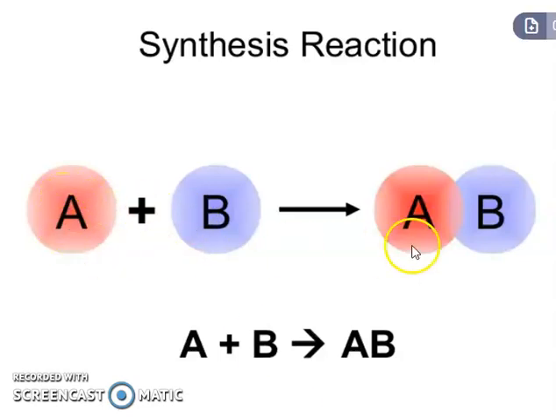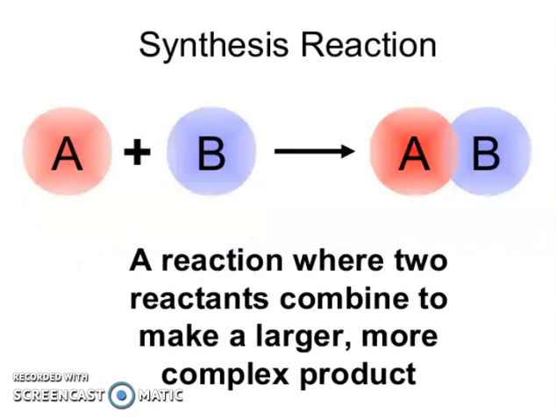The overall reaction is known as a synthesis reaction, meaning you are making some new compound. So A plus B gives AB. A reaction where two reactants combine to make a larger, more complex product: synthesis reactions.